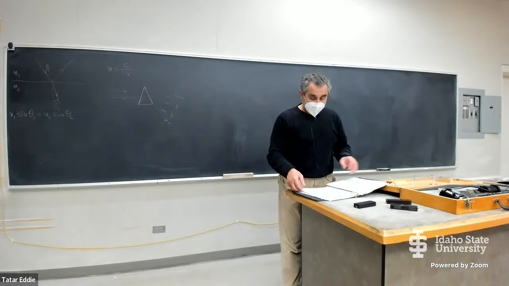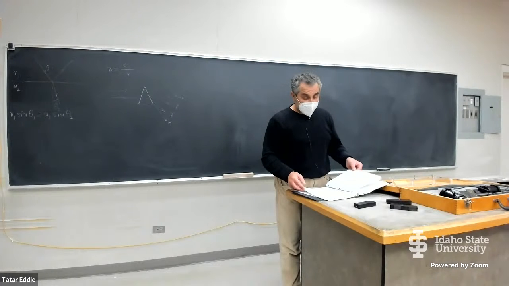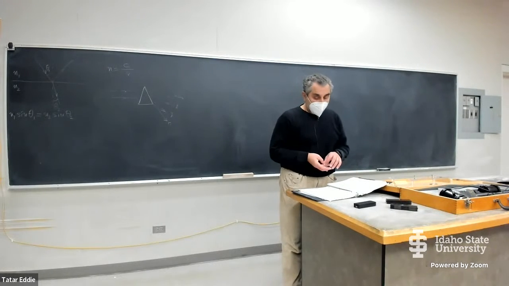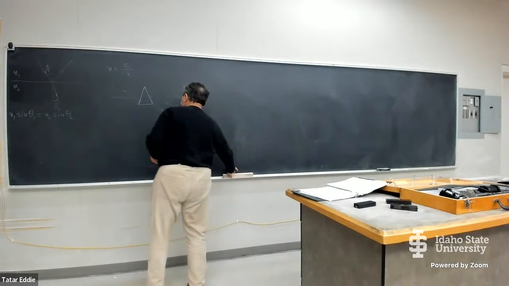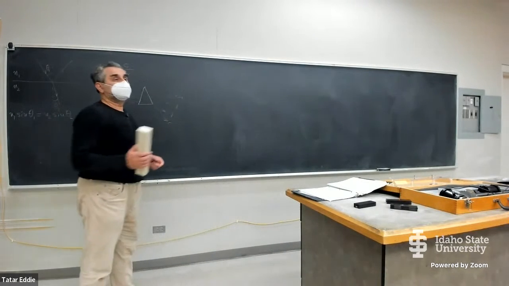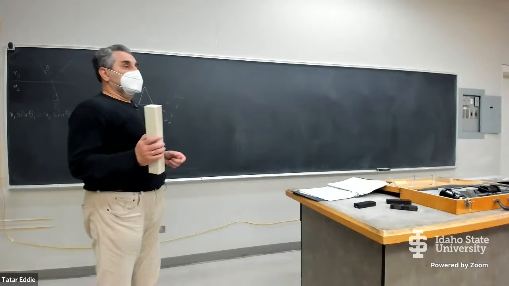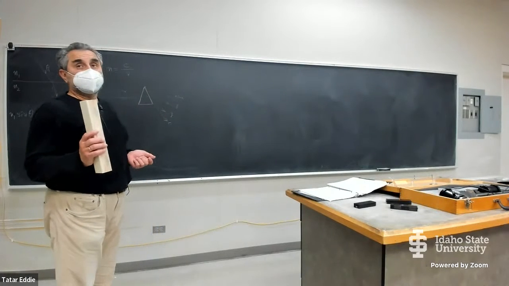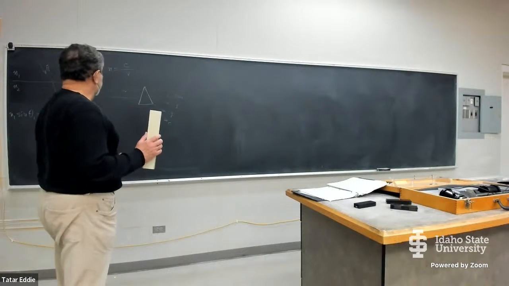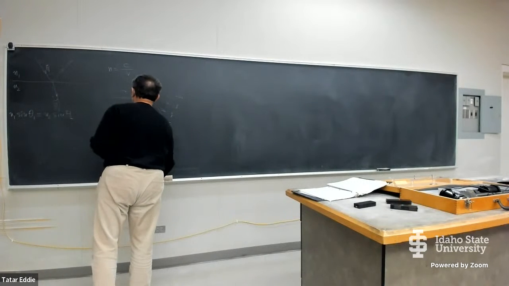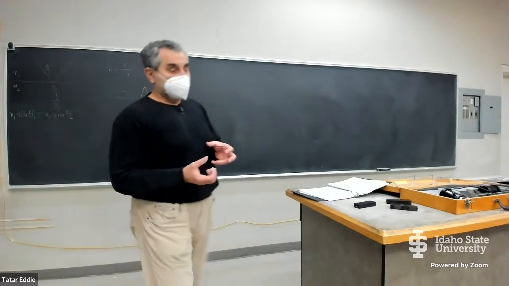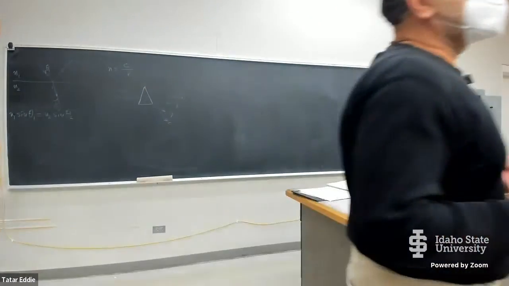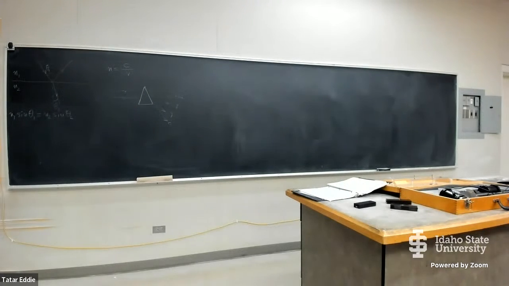Especially in the past, it was widely used in spectrometers. So usually what you do is, let's say you have a sample of some material and you want to figure out, let's say, its elemental composition.